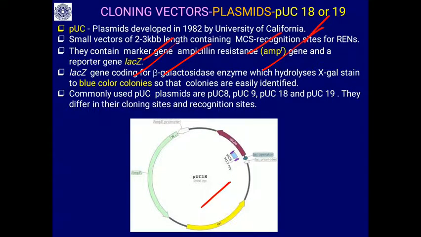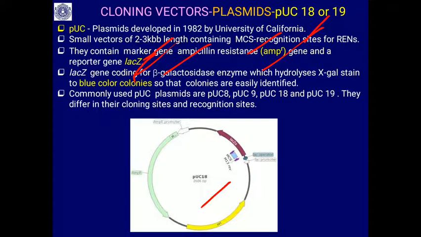In the case of pBR322, there are two marker genes, the ampicillin resistance gene and the tetracycline resistance gene. Here you will find the ampicillin resistance gene, and apart from that you can see another reporter gene called lacZ. The lacZ gene codes for the beta galactosidase enzyme, which hydrolyzes X-gal to give blue colonies, so that colonies are easily identified.